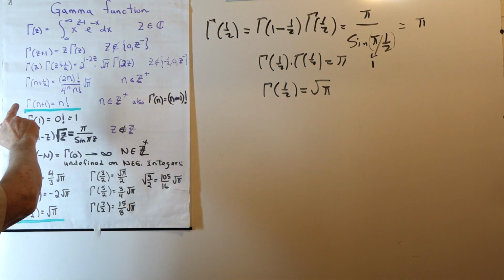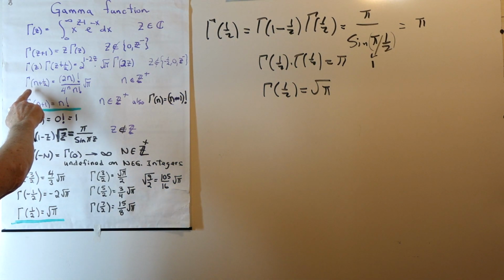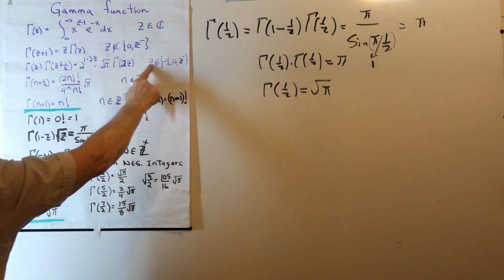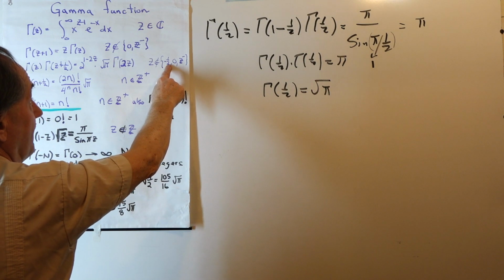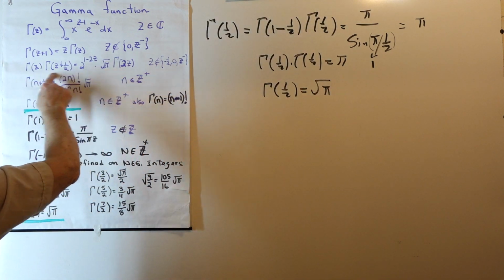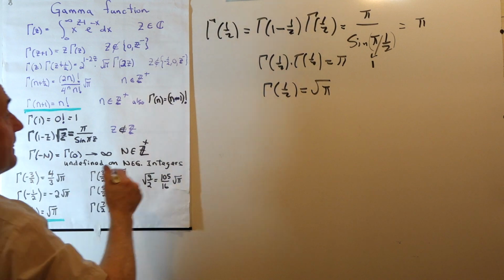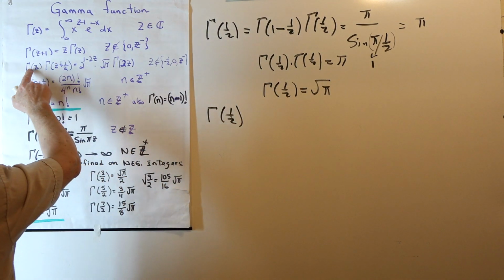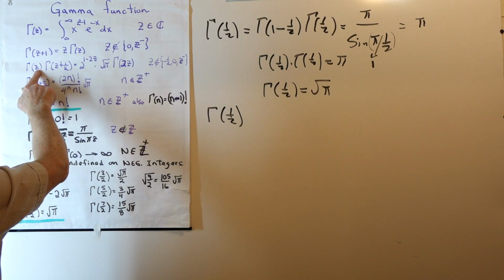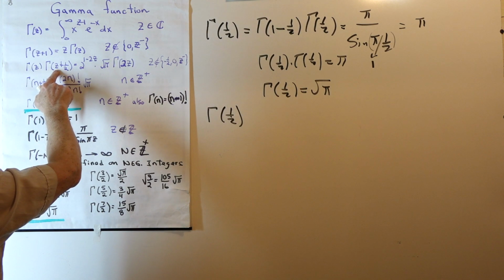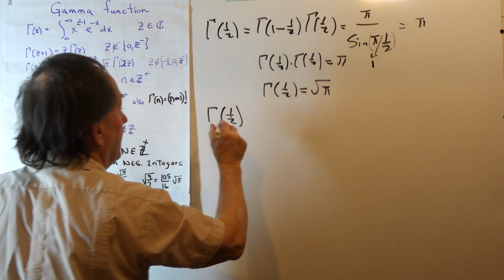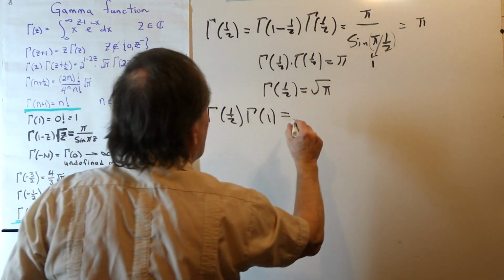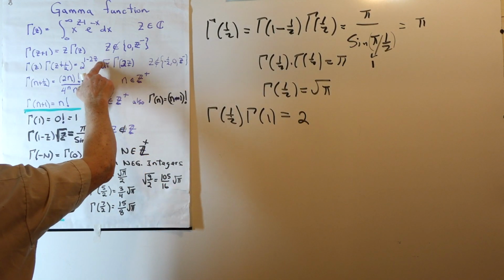We could also use this, because positive 1/2 is not restricted in this particular relationship. Let's try this one. Gamma of z, let's put z equal to 1/2, so we have gamma of 1/2 times gamma of 1/2 plus 1/2, or gamma of 1, is equal to 2 raised to the power of 1 minus 2z.